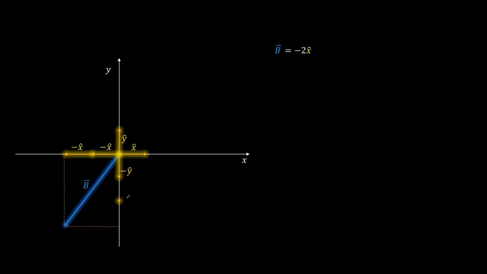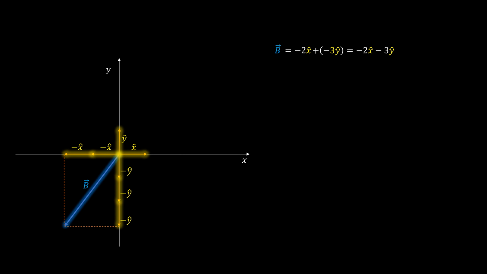Now, let's add two vectors in the xy plane. We have a vector B. The projection of vector B on the x-axis is 2 minus x hat vectors, and on the y-axis 3 minus y hat vectors.